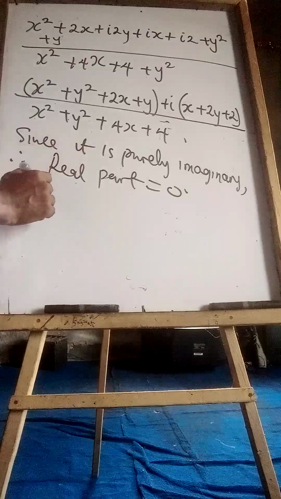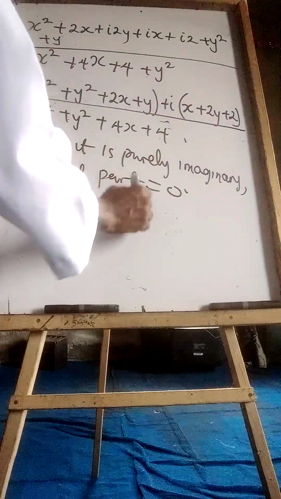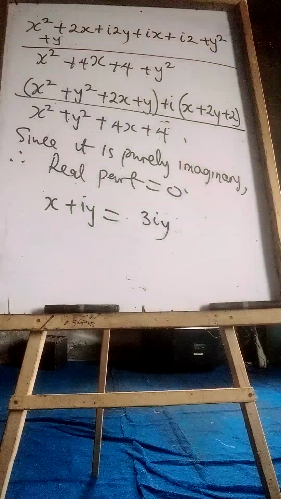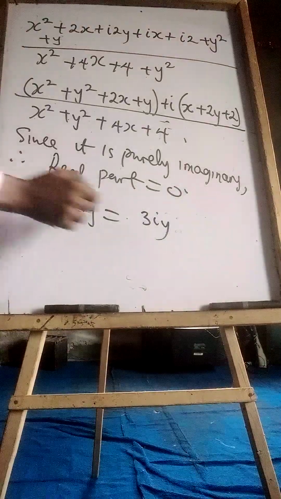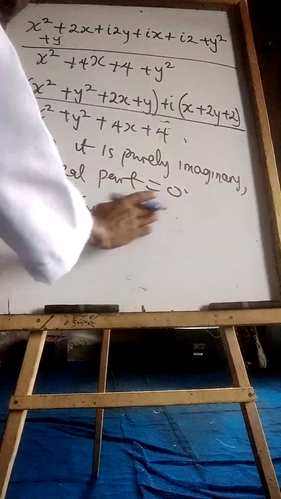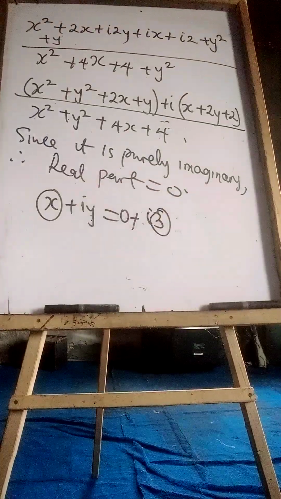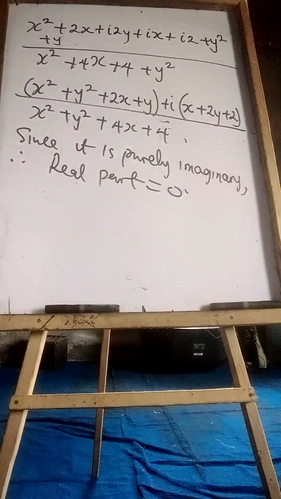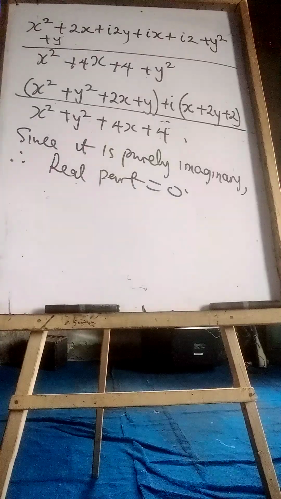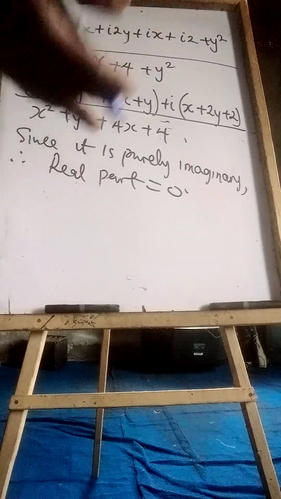For example, if you have x plus iy equals to, let's say, 3i, from this, it shows that x is 0 here, and this y is 3. So since it is purely imaginary, that means the real part will be made equal to 0. That means it exists as 0.